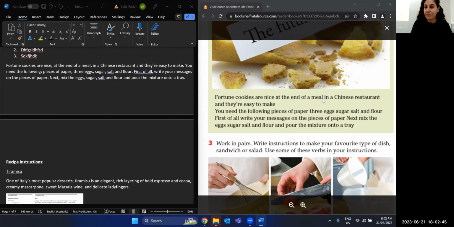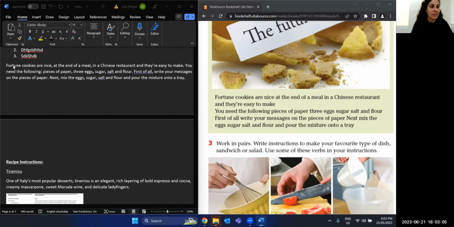Yeah, yeah. Because it's showing that's the first place where they're nice at the end of a meal, comma, in a Chinese restaurant, and they're easy to make. Yeah, full stop. So that's the end of the sentence. So let's have a look here. Fortune cookies are nice, comma, at the end of a meal, comma, because we're listing, not listing, we're saying three different things.